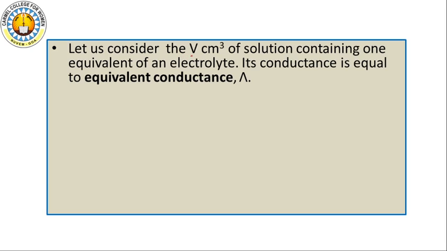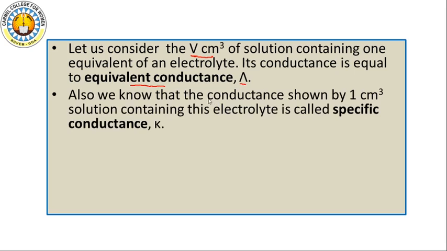So this much volume in centimeter cube contains one equivalent of the electrolyte. And when you measure the conductance, that conductance of the solution is called equivalent conductance, denoted by lambda.